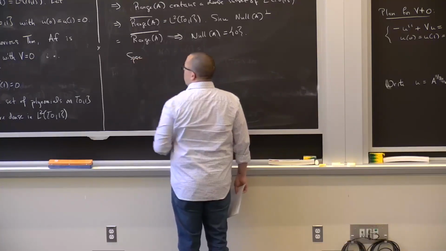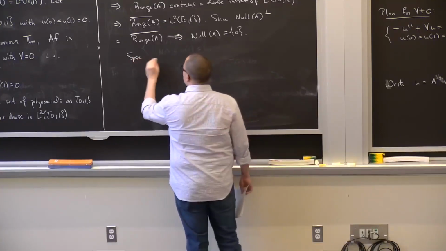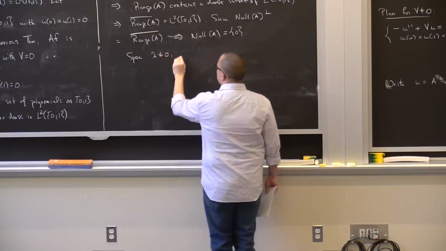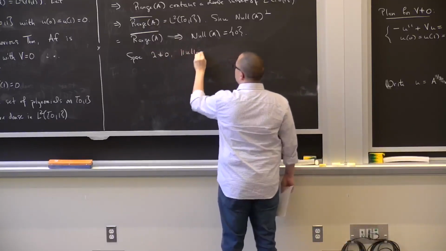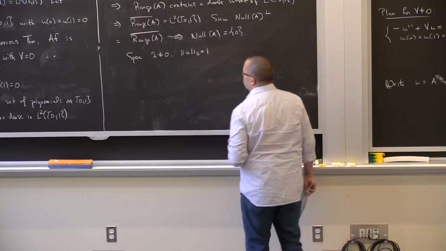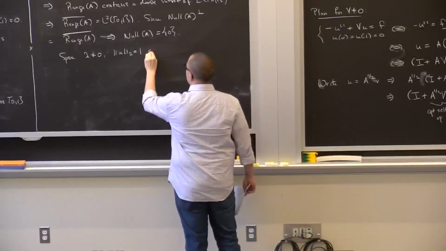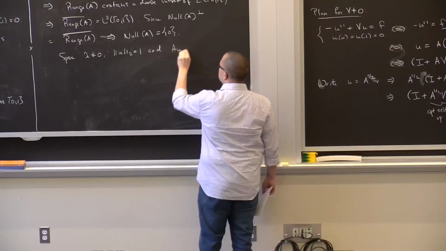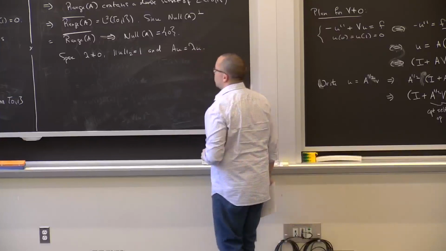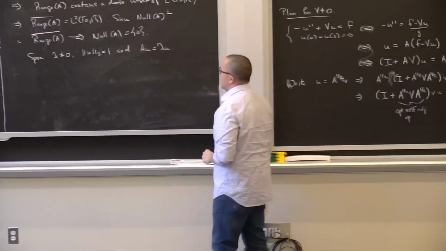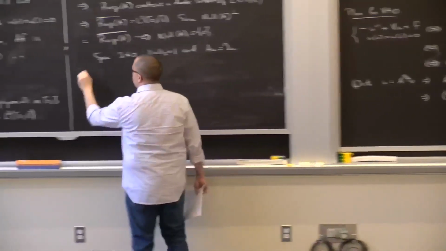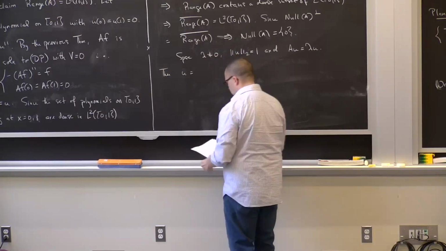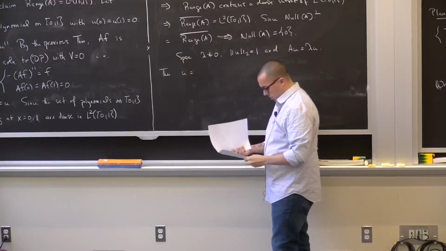So let's solve for the eigenvalues and eigenvectors. Suppose lambda does not equal 0, u is an element of L2 that has unit norm, and A applied to u equals lambda times u.